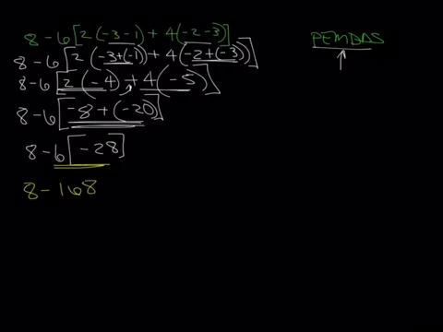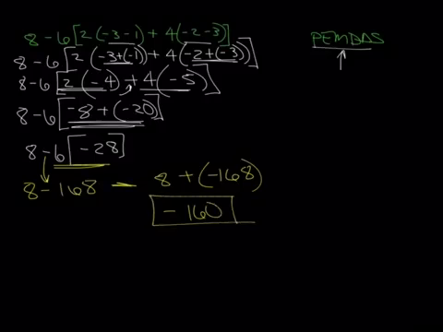All right, so now I have 8 minus 168, and I can write that as 8 plus negative 168. The largest number has a negative sign on it. Signs are different, so I take the difference between the two, and I'm done.